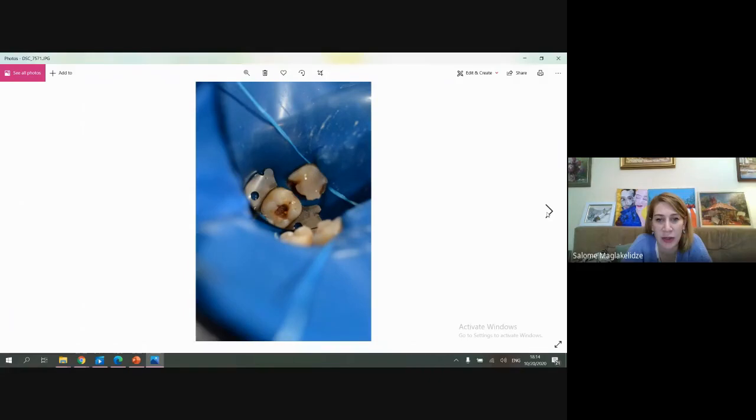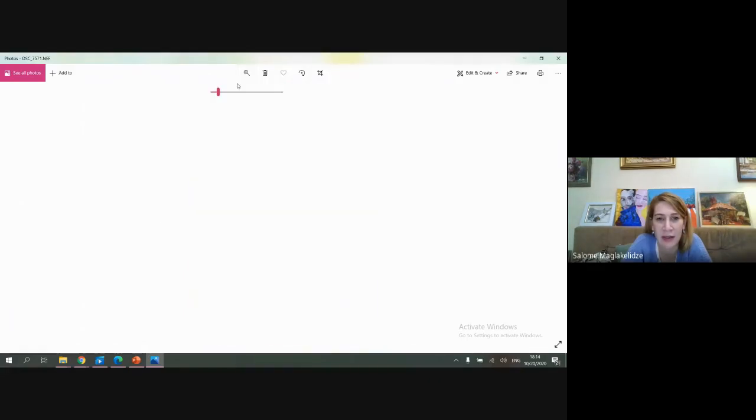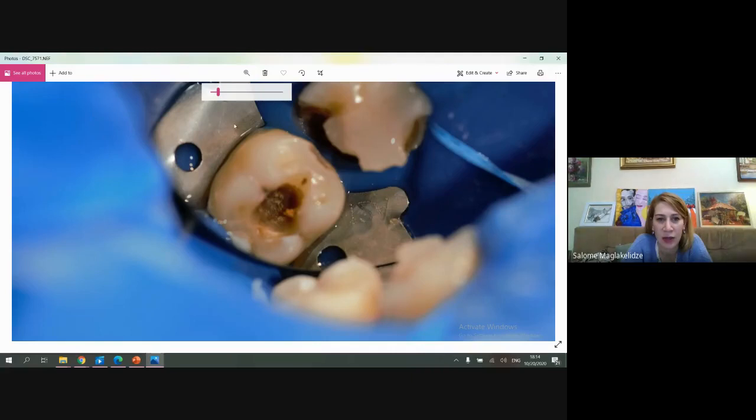So here we go deeper, and you could observe how dark and how not satisfied this dentin looks. You could see easily that it's soft, yes? It needs a little bit of time.